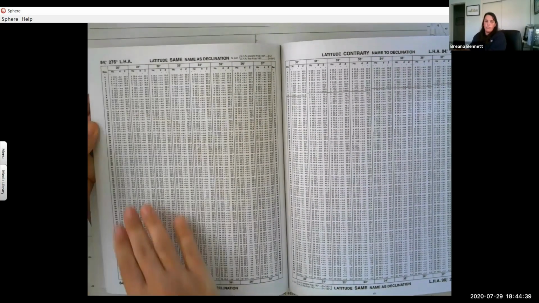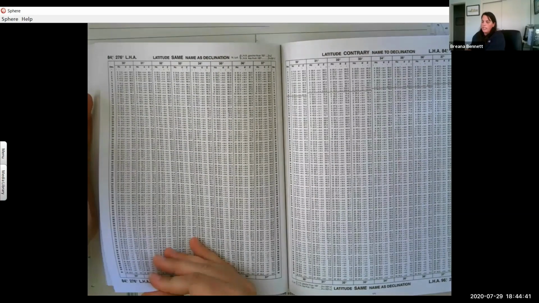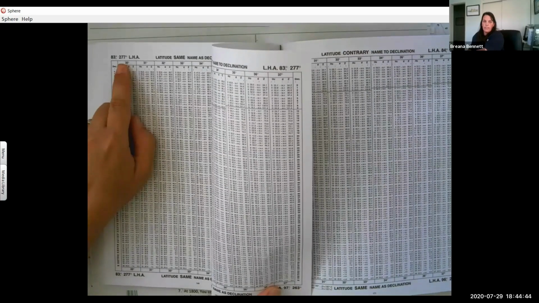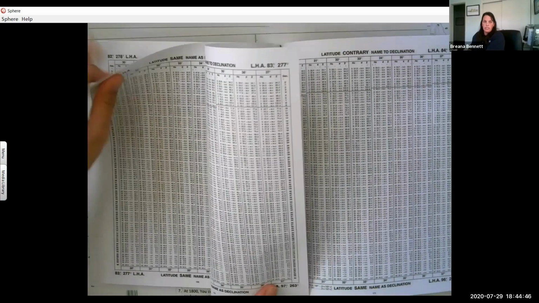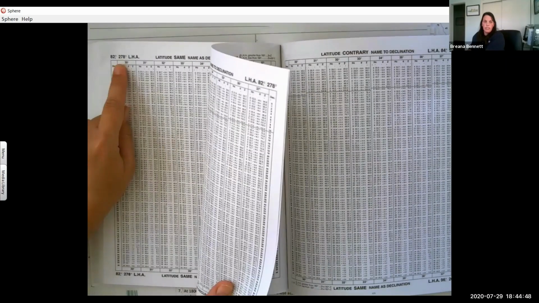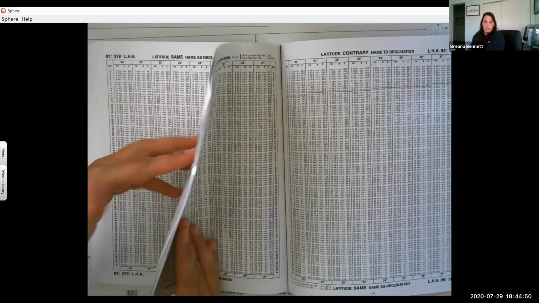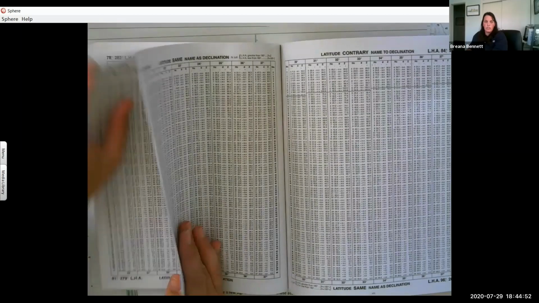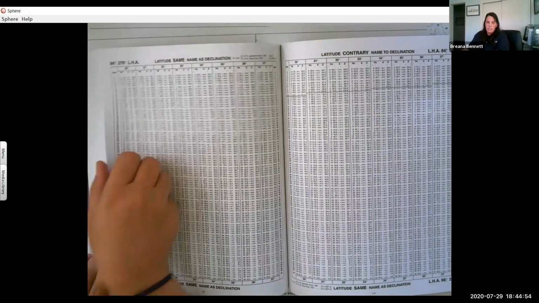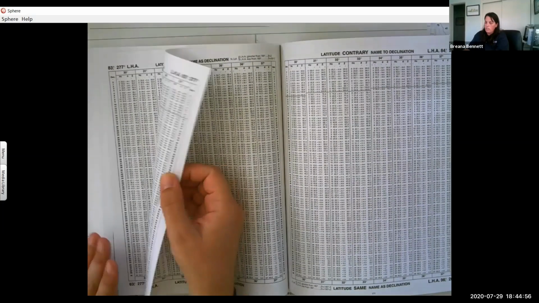So if you flip one, we get an LHA of 277. Flip another one, LHA 278, 279, et cetera, et cetera. So every LHA is on a different page.